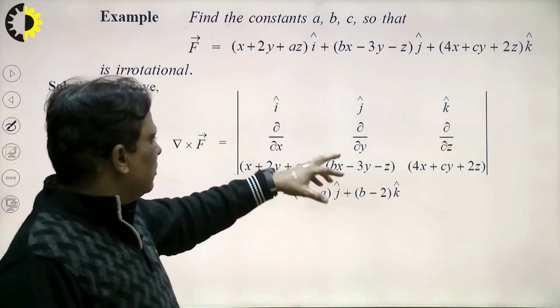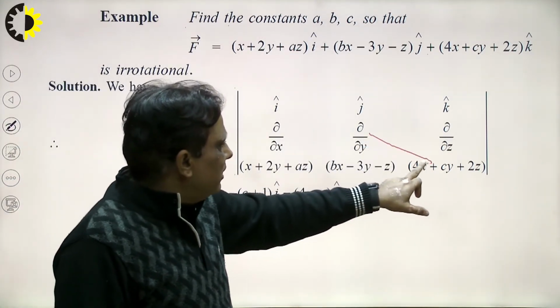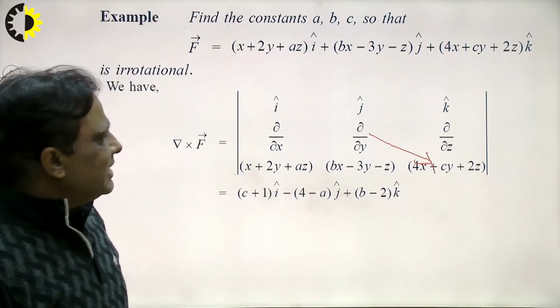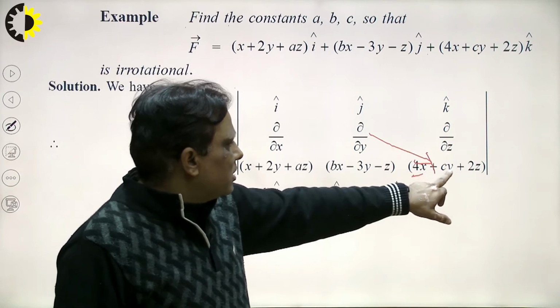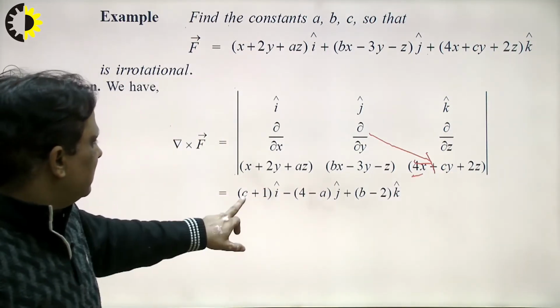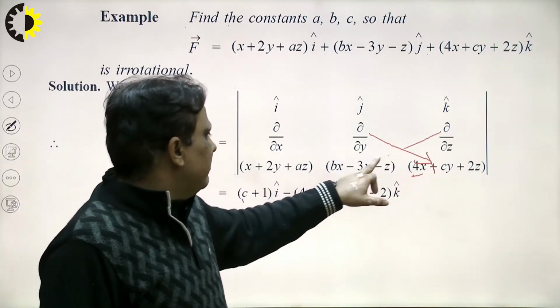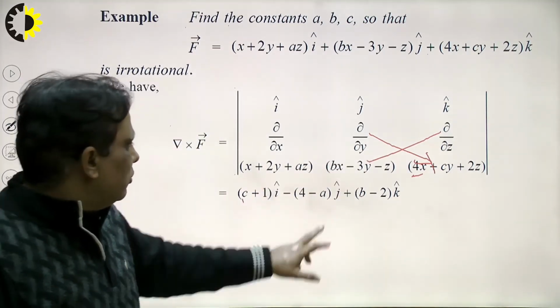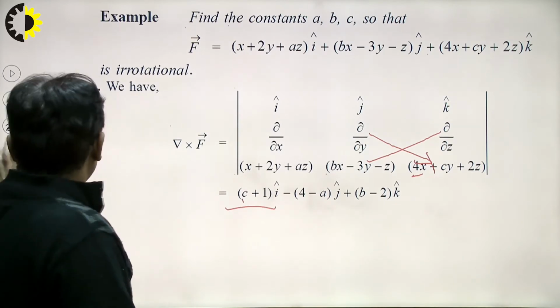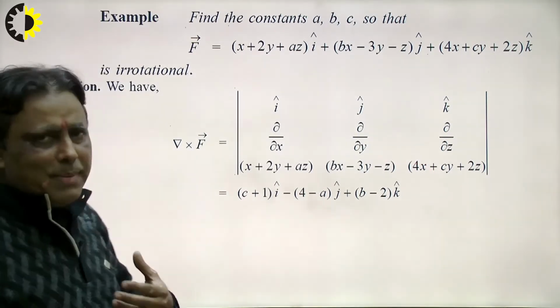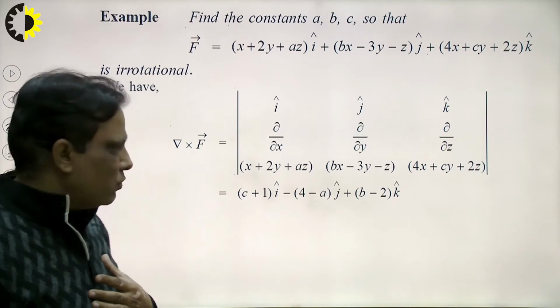So what will be the conclusion here? This is, right, this. So differentiate this with respect to y. What will be the result? This is 0, c, I write here c, minus differentiate this with respect to z. So this is 0, minus 1, minus plus. In this way, we calculate all terms by expanding the determinant by the first row.